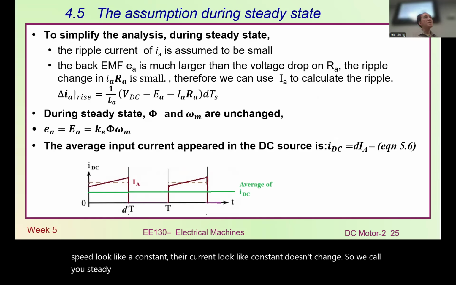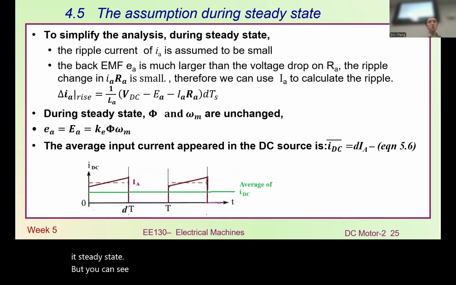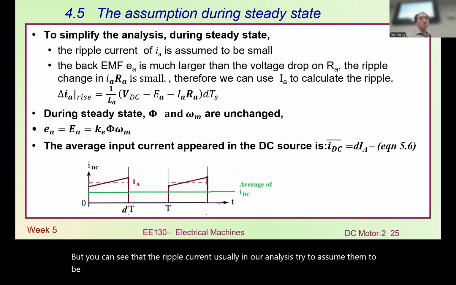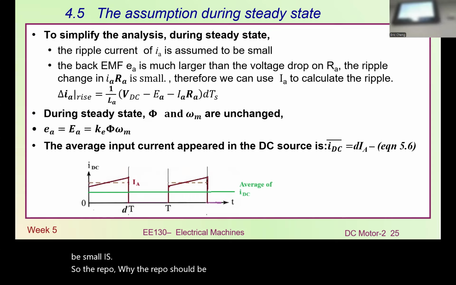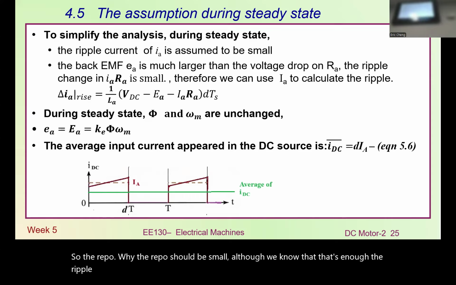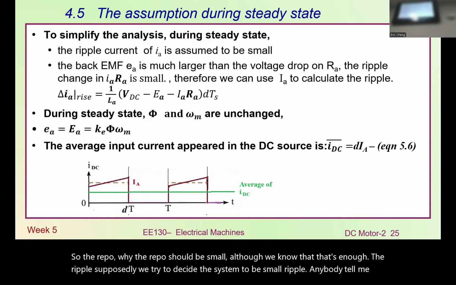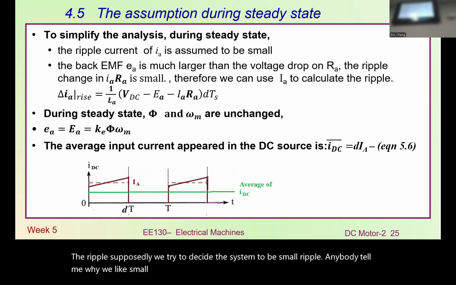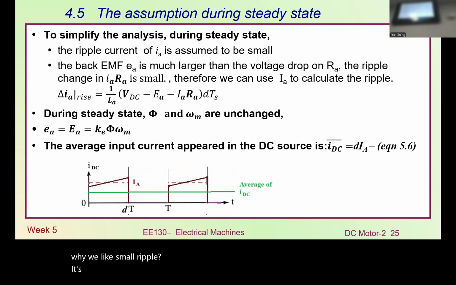But you can see the ripple current, usually in our analysis we try to assume it to be small. So why should the ripple be small? The ripple, supposedly, we try to design the system to have small ripple. Anybody tell me why we like small ripple? It's more stable. Yeah, of course, stable, then we get less ripple.